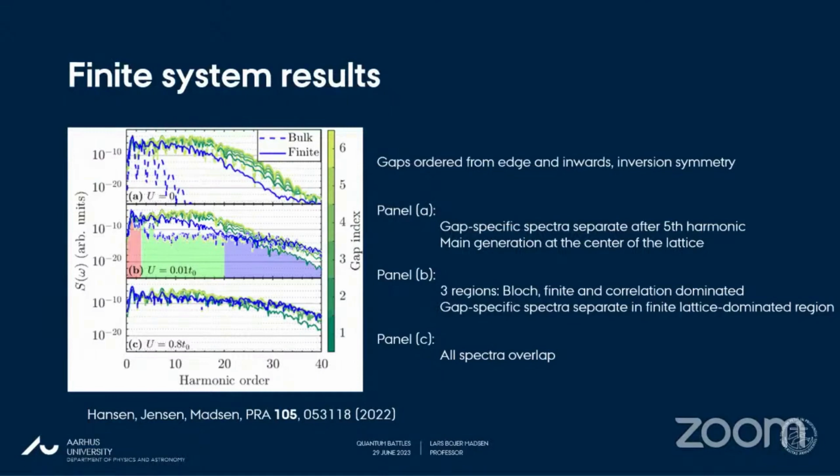Then we increase the correlation a little bit, and we see how the difference between the finite and the bulk spectra decreases. The physical reason behind this is that if you have a finite system and low correlation, you have trajectories that go to the boundary, turn around, and keep being accelerated. That's, of course, not present in the bulk system because you have periodic boundary conditions.